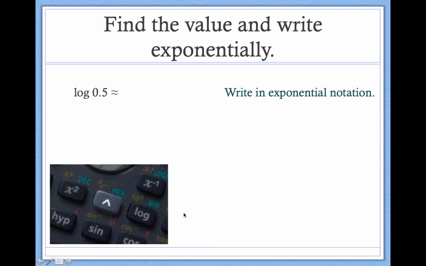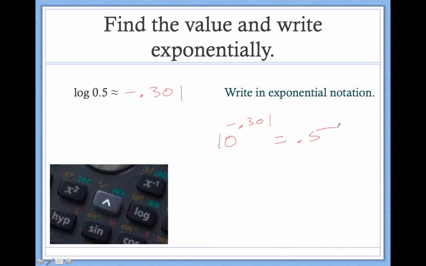Again, when we talk about log of 0.5, 10 to what power is 0.5? You type log 0.5 into your calculator, and you might think, well, that's awkward, negative 0.301. What does it mean exponentially? 10 raised to the power of negative 0.301 equals 0.5.